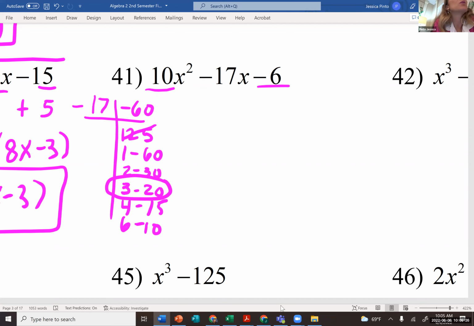It's 3 minus 20. So I'm going to split the middle term to positive 3 minus 20 so that the 17 would be negative. So that's going to be 10x squared plus 3x minus 20x minus 6. Now we have 4 terms and we draw the fence.